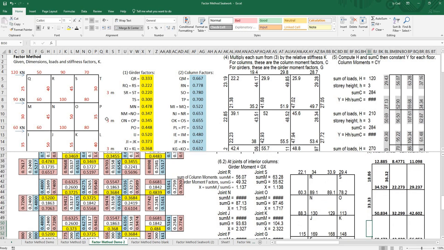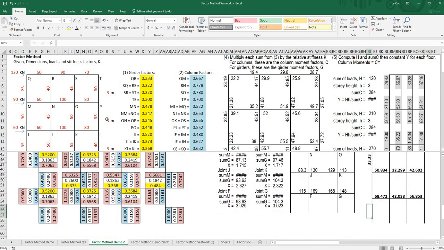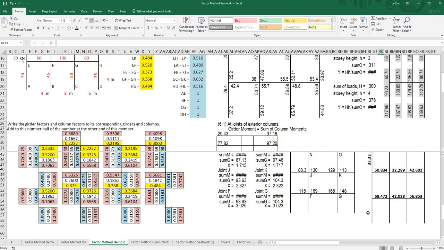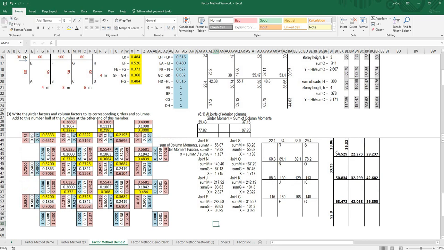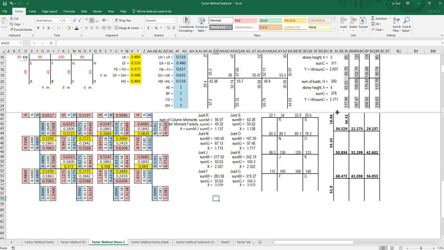Same thing dito sa ground floor. This would be equal to 117.96 plus 93.23 divided by story height na 4. Okay, so 52.8. And so that's how you solve your column moments.